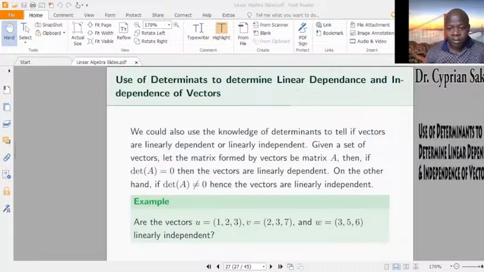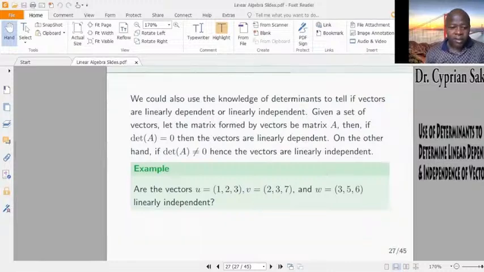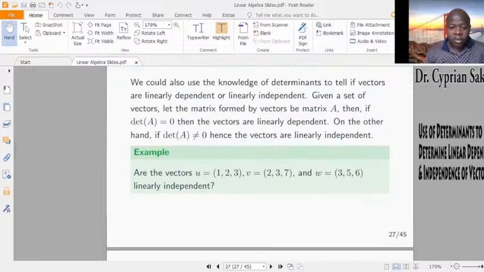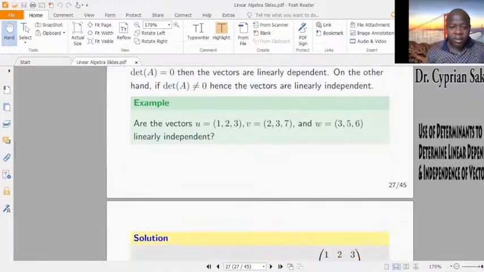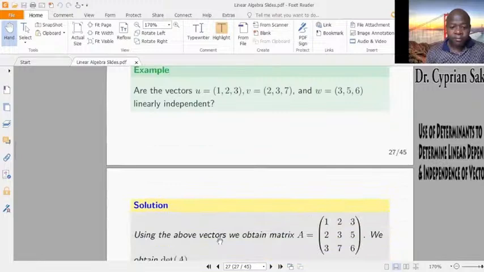So the example that we have is that of these vectors u, v, and w. The question is, are they linearly independent? So what I do, I form a matrix using these vectors.